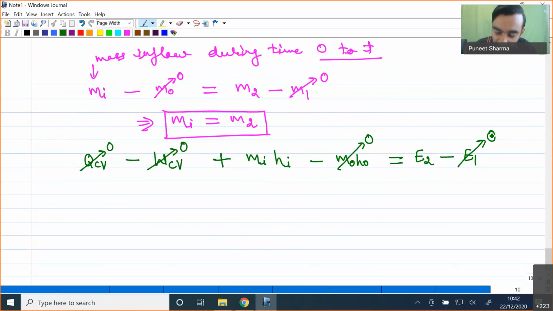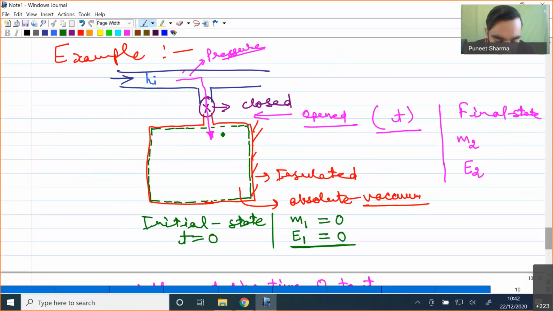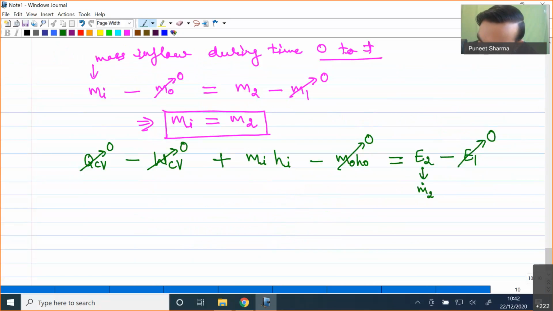So E1 is 0. Now E2 I can write as my final mass of the system. Now E2 will be nothing but at the final mass, whatever the energy which is associated with this particular system. Okay, so corresponding to the final state, we are having m2 mass inside the system. So I'll be having m2 as mass times we will be having e2.